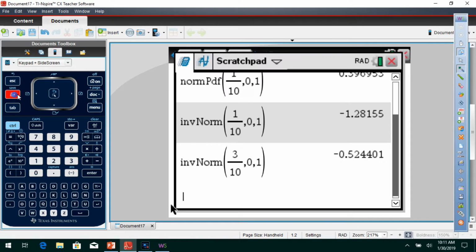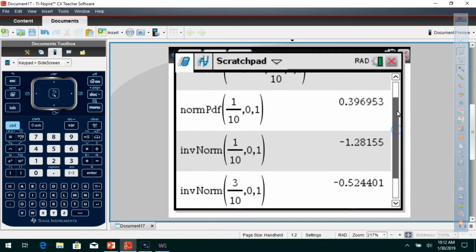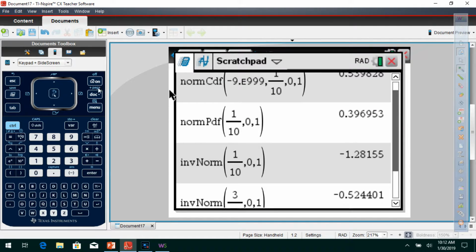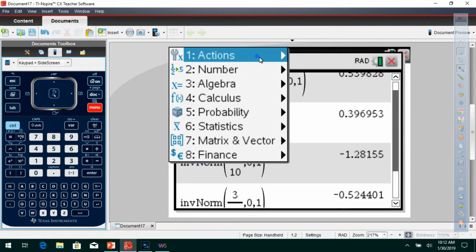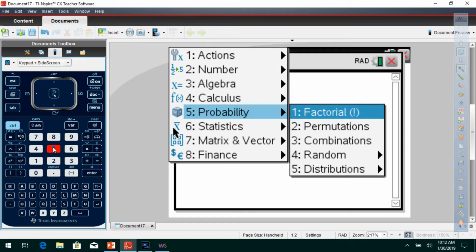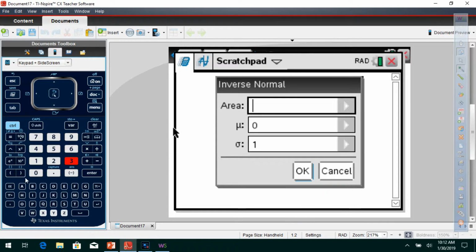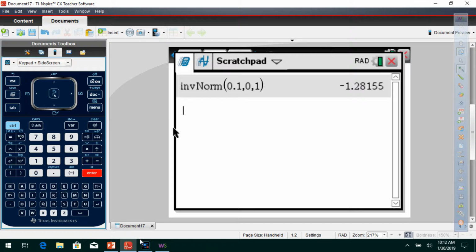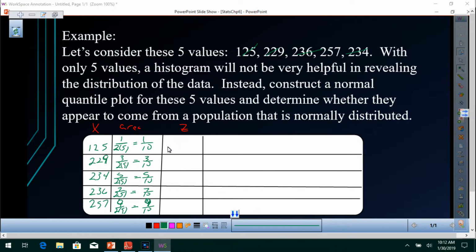I'm going to press tab here, and you can see I've already done them. But let's clear the history and do it together. Menu 5 5 3. The area is going to be 0.1, or 1 divided by 10, and we get negative 1.28.